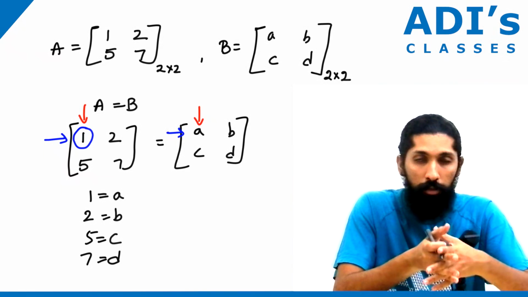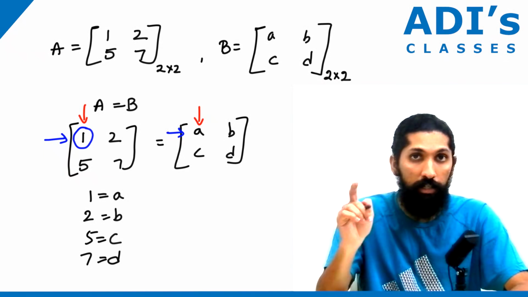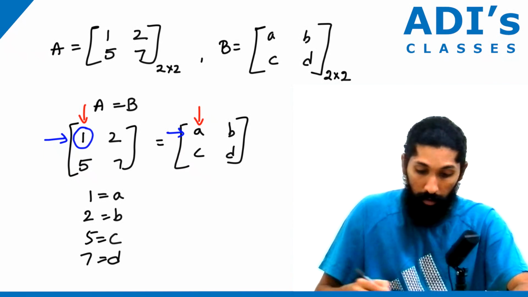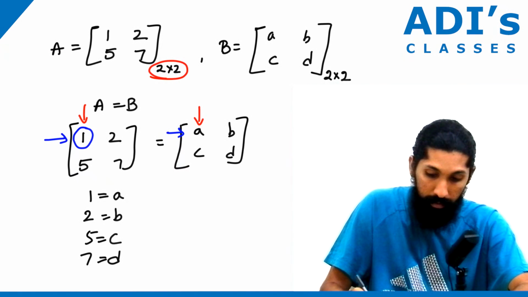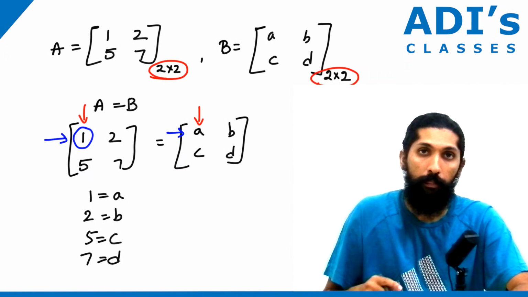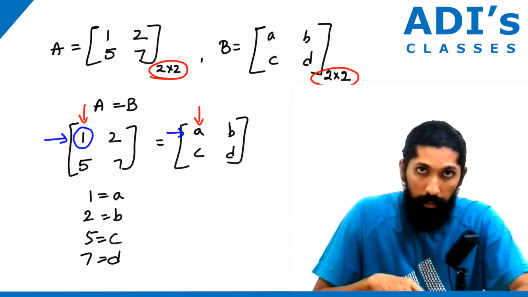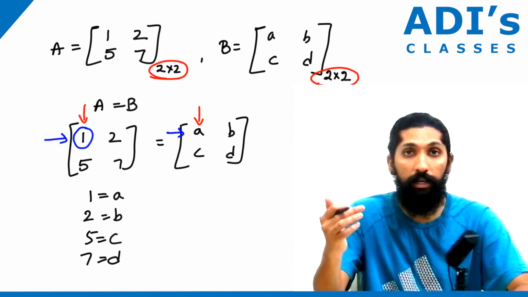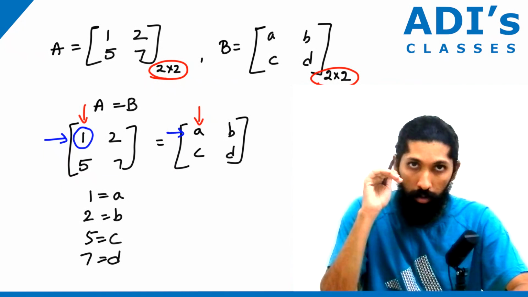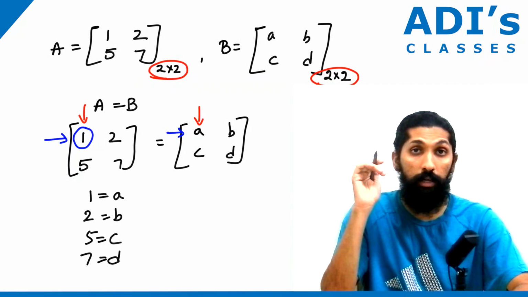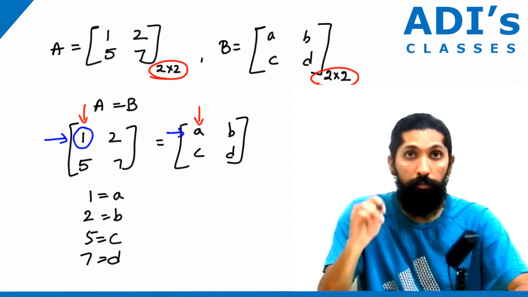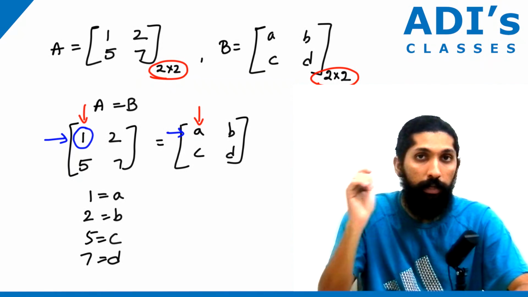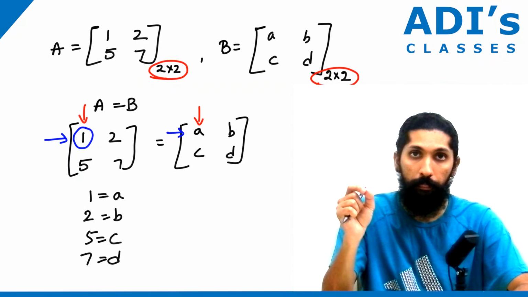Now for this, don't you think one very important condition is that the order of the matrices should be the same? If the order is not the same, then you won't be able to equate and get the values. It must and should be that the order of the matrices is the same.